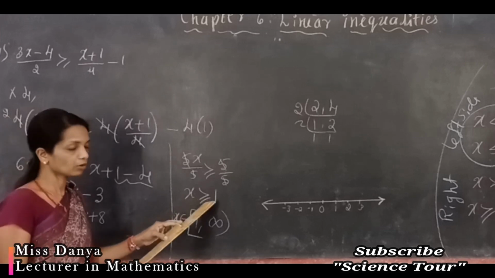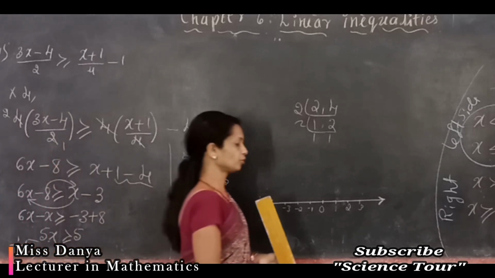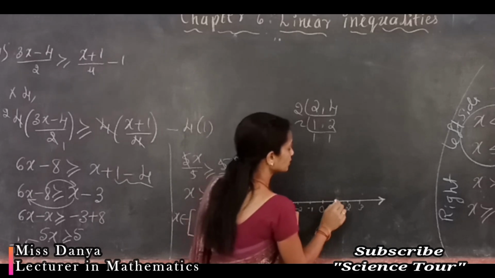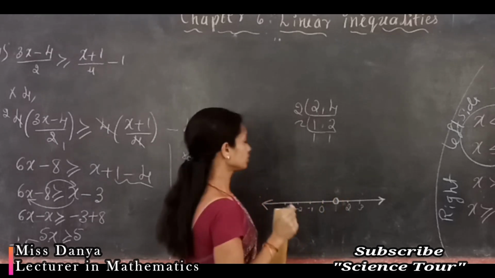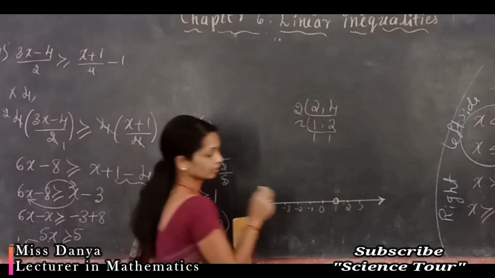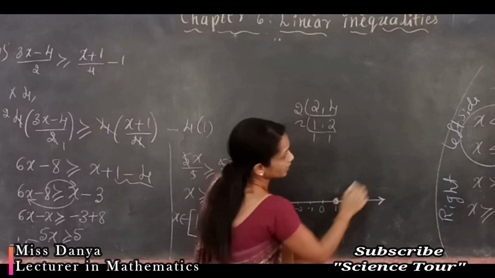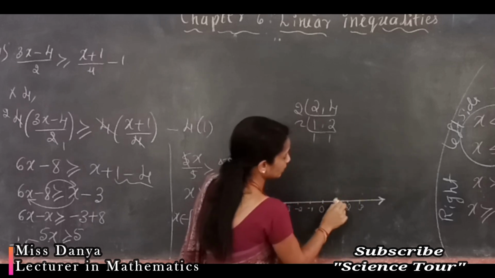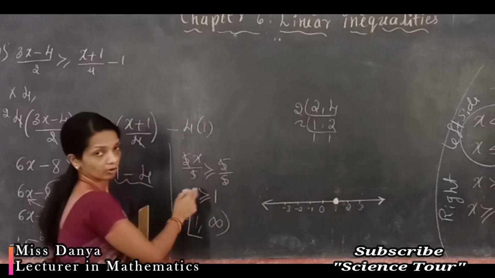Now which number did we get at the end of simplification? 1. So at 1 you have to draw one circle. Which circle do you have to draw, open or closed? Since you got a slack inequality here, you have to draw a closed circle. Keep all those things in your mind, then it will be easier. So closed circle, and greater than or equal to.